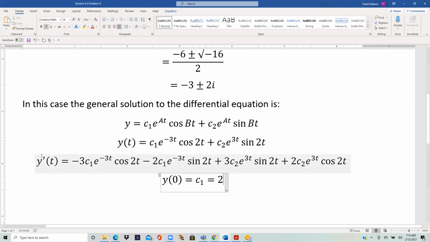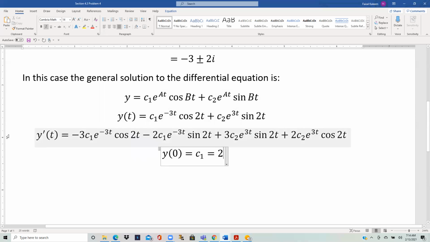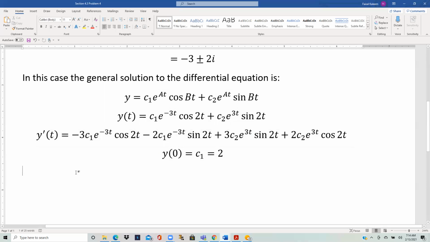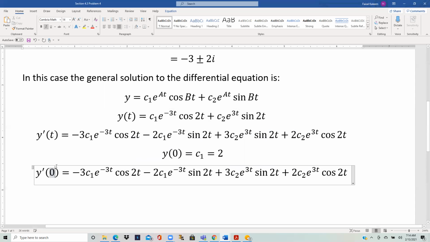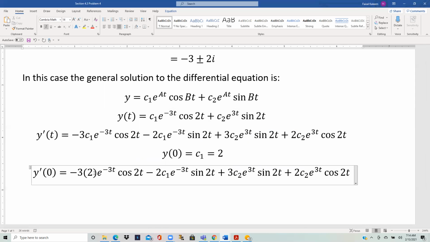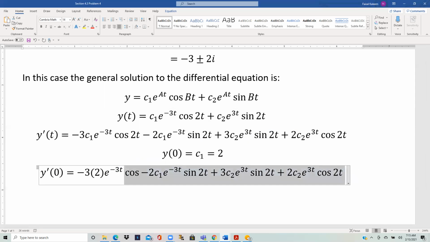And then when you do the y prime 0, y prime 0 is negative 5. So y prime 0, and c1 we already have to be 2, so you can substitute 2 here. E to the 0 is 1, cos 0 is 1, so these two just go away. 1 times 1 is nothing.